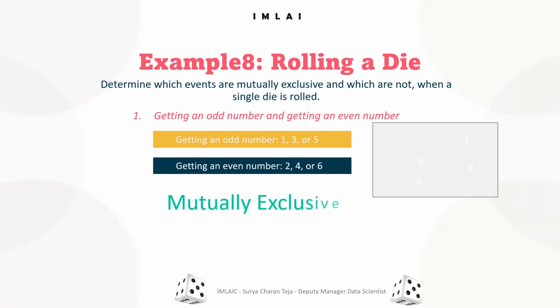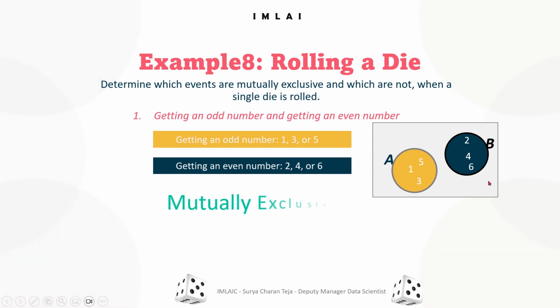So they are obviously mutually exclusive, because in this sample space you have simple events 1, 2, 3, 4, 5, 6. Now these 6 simple events have been made into 2 compound events. One is event A, which is yellow, and event B, which is dark blue. There is no intersection at all.